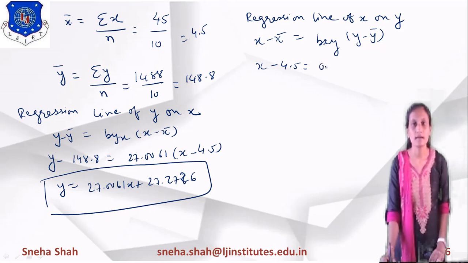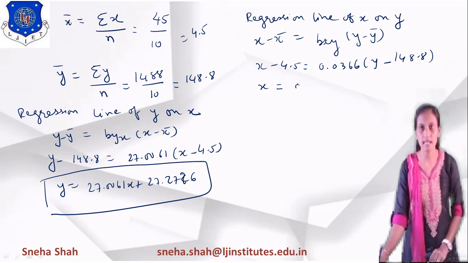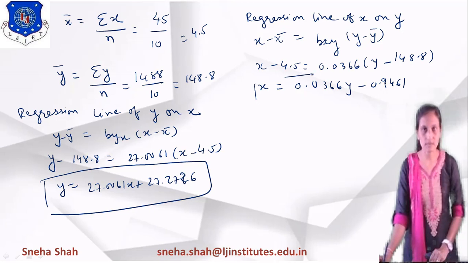What is the value of b_xy? Its value is equal to 0.0366, times (y minus y bar). What is the value of y bar? 148.8. Now if I solve this, it gives x equals 0.0366y minus 0.9461. So this is the final answer for the regression of x on y, right?